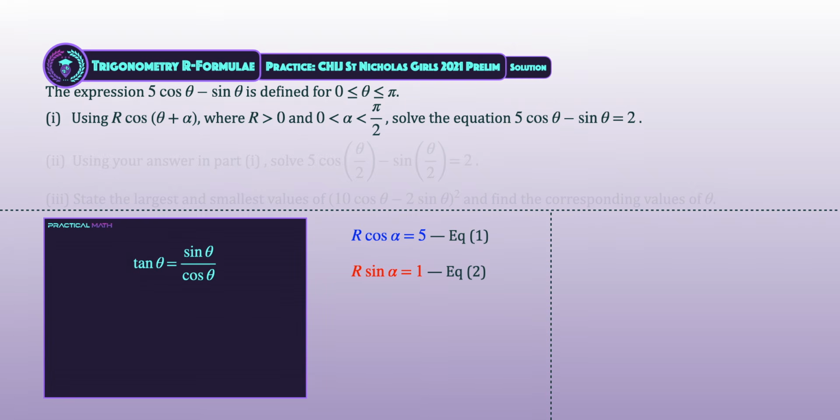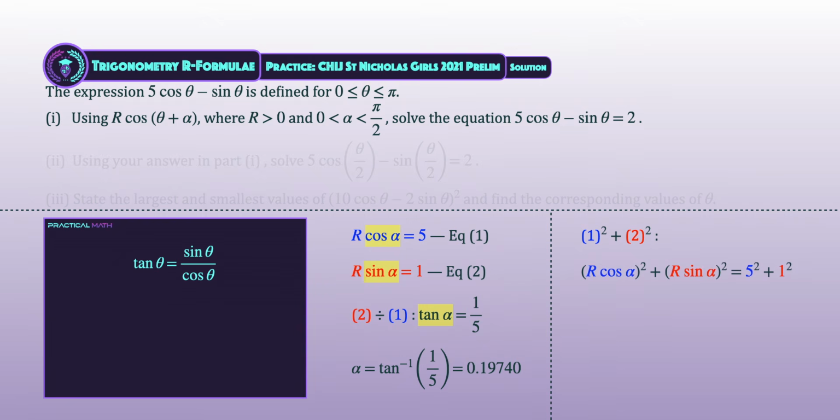Applying the formula where tangent theta is equal to sine theta divided by cosine theta, we will take the second equation and divide it by the first equation to give us tangent alpha to be equal to 0.2. Alpha is then calculated to be 0.197 radian. Next, we shall square both equations and add it, giving us r square cos square alpha plus r square sin square alpha on the left.